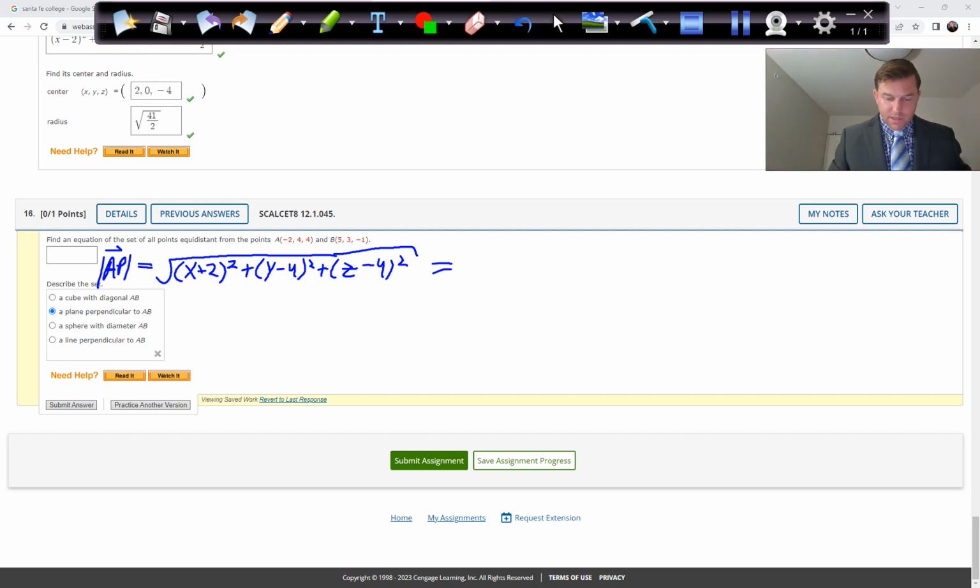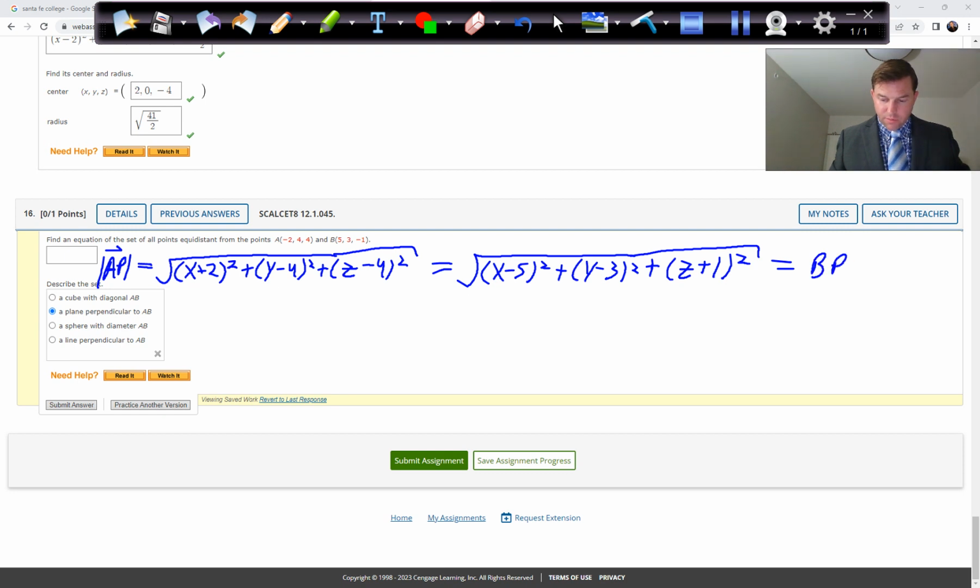Well, that has to be equal to the square root of BP, so it would be x minus 5 squared plus y minus 3 squared plus z plus 1 squared, which is the distance from point B to any point on the plane.